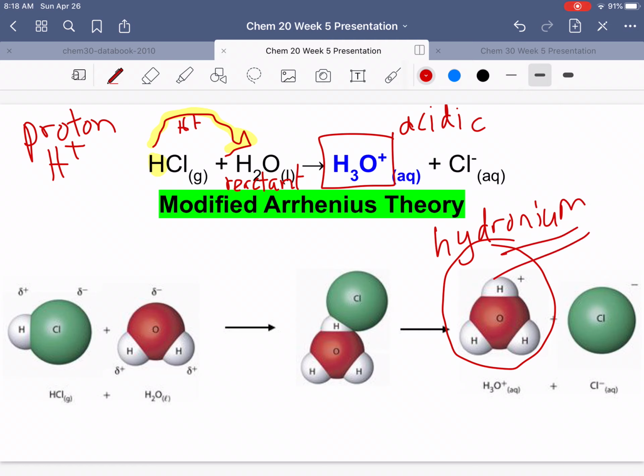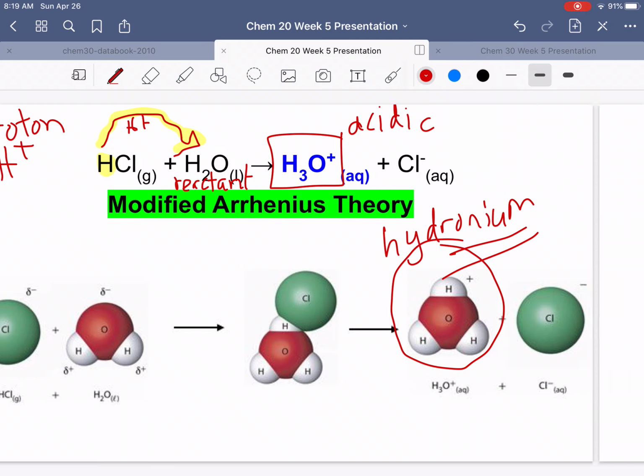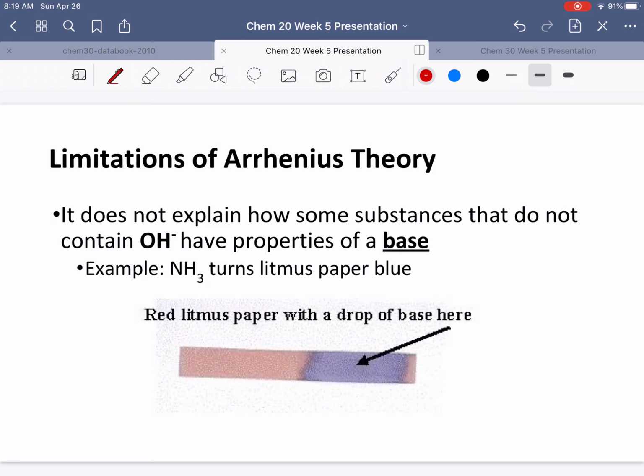Now, we've focused entirely right now on acids, but bases are, of course, impacted by this modified Arrhenius theory too. When you consider, for example, we saw some of the limitations in that lab that you just did. So ultimately, we had a few things that didn't have hydroxide in them and still showed basic properties.